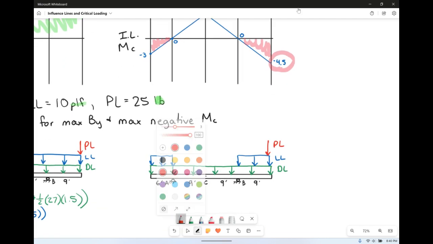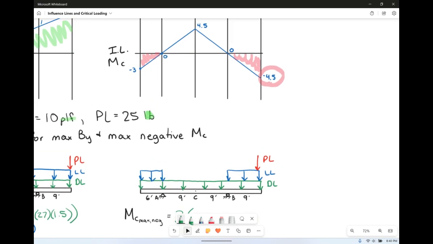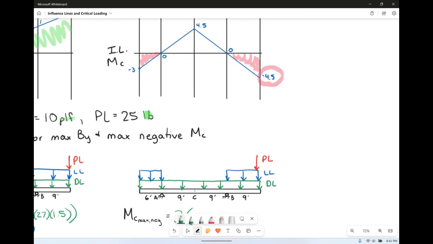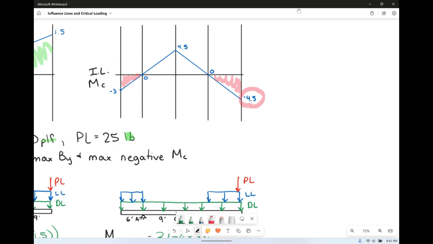So if we want to find maximum negative moment at C, we have MC max negative specifically. For the dead load, it is 3 times, we have 4 triangles technically. Well, 3, but 4 if you want to do the right angle ones. So we've got 1/2 the base of 6, the height of -3, plus we're going to have 2 of this triangle, so 1, 2.